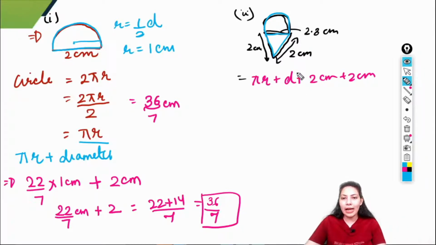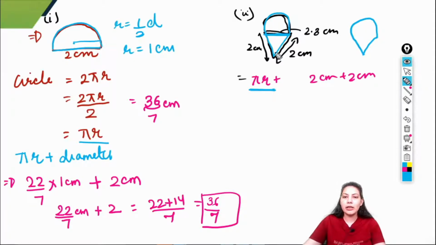Now we don't have to add the diameter over here because we don't have to calculate this, because the ant will move like this. So let me erase the diameter part. I hope you understood why we removed the diameter part.